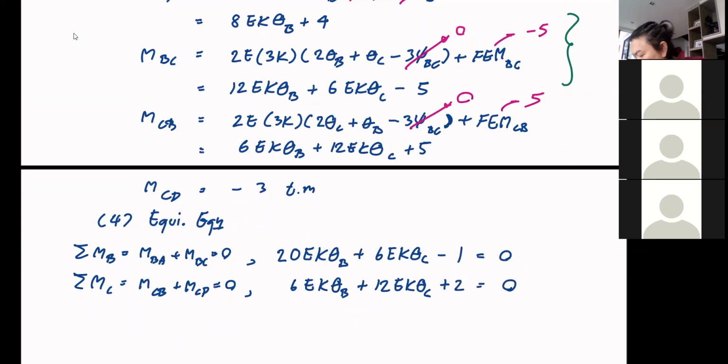Again, my E looks pretty bad, the way I move my hand. Okay, so that becomes equation number 1, and that's number 2.